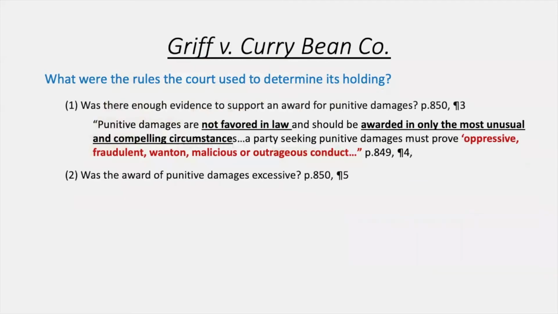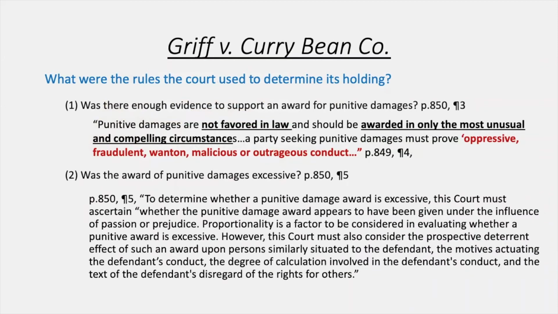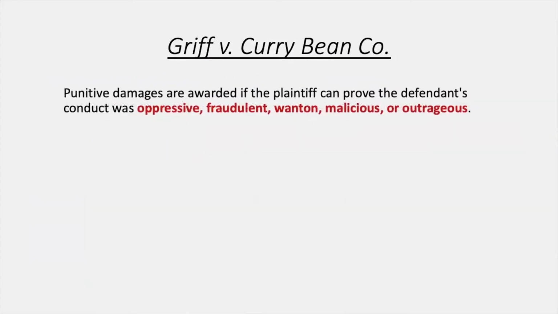For the second issue, whether this award of punitive damages was excessive, the court had a pretty long rule statement on page 850. And so we need to break this down into a rule statement that you can actually use on the exam. We have our first rule from the first issue, which is when punitive damages are available. And for our second issue, what is the court saying is the rule to use if we broke it down into something besides a giant paragraph?